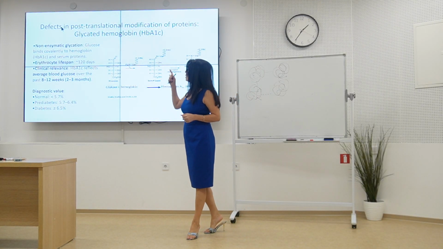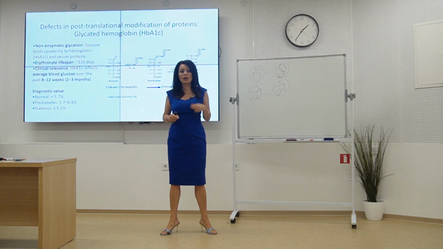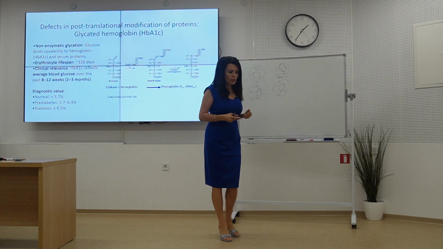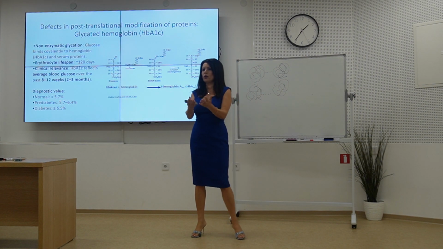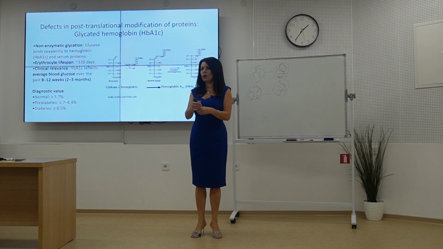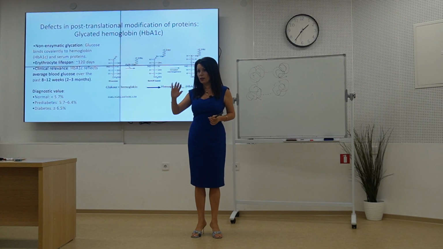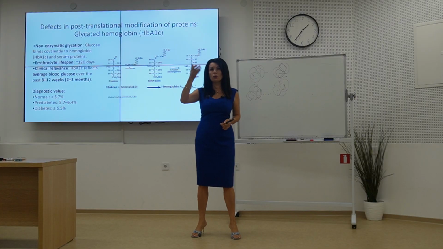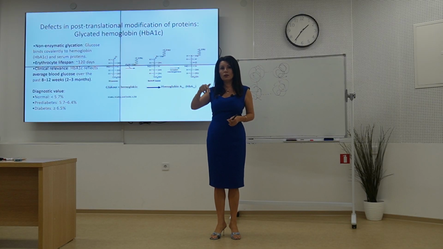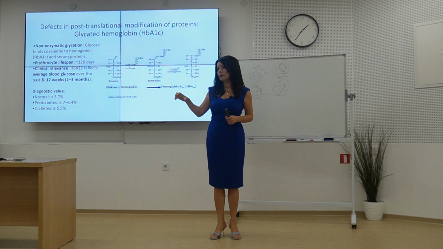This is called glycation of hemoglobin. Students, imagine that you have sugar in your hands. You know how the sugar sticks to your hands. Absolutely the same is when there is a high level of glucose in the blood. It will stick to the hemoglobin directly.